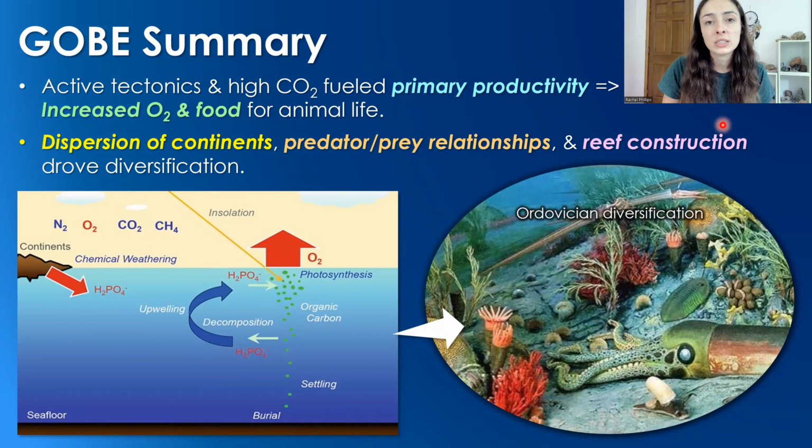There were a lot of things that caused the Ordovician mass extinction, and I talk about those in my Ordovician mass extinction video if you want to check it out.